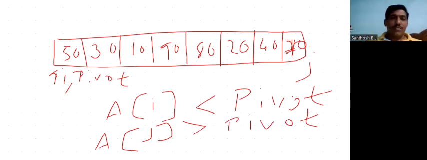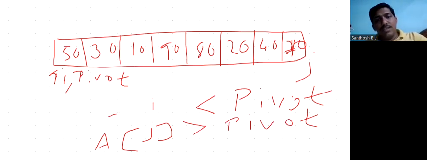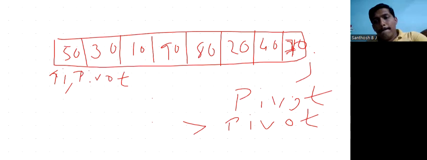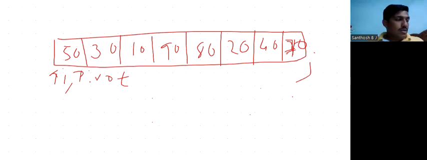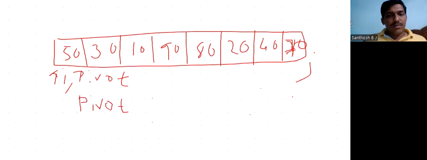So let's solve this problem as usual. Initially, the pivot value is 50, also called A of low.